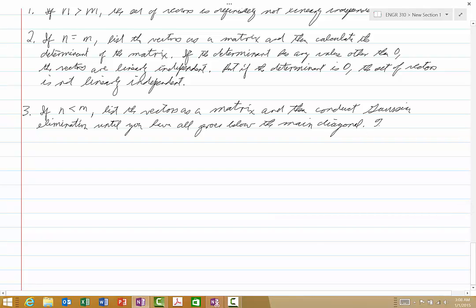Then check the diagonal terms. If they are all non-zero, then the set is linearly independent.